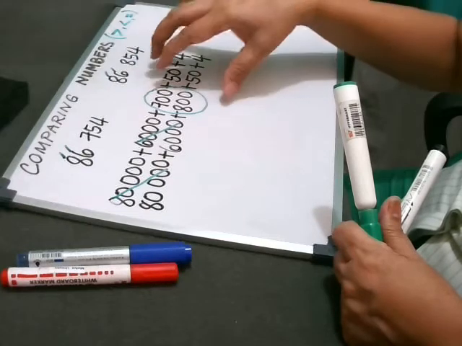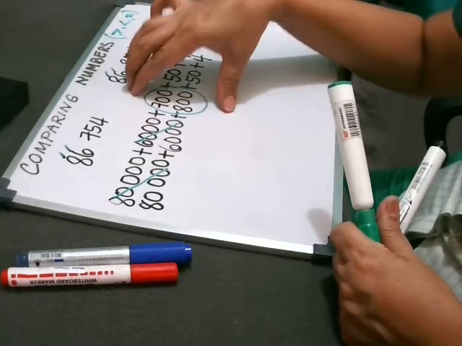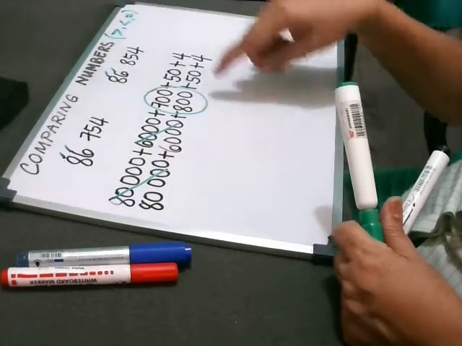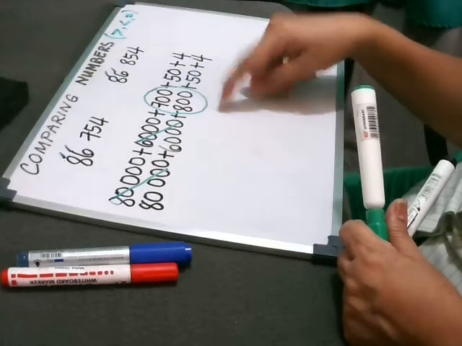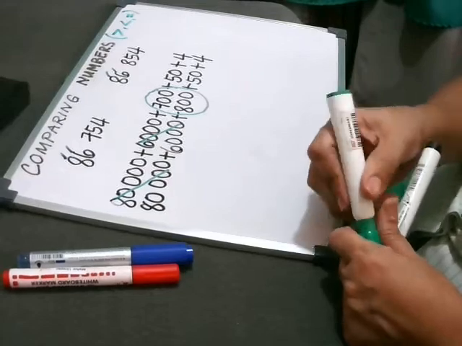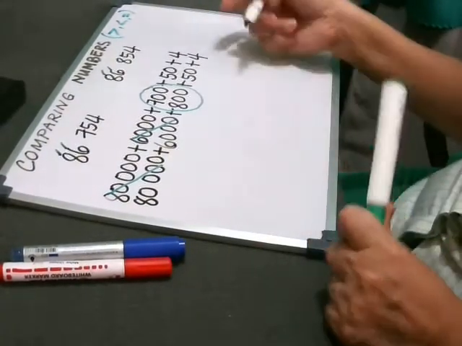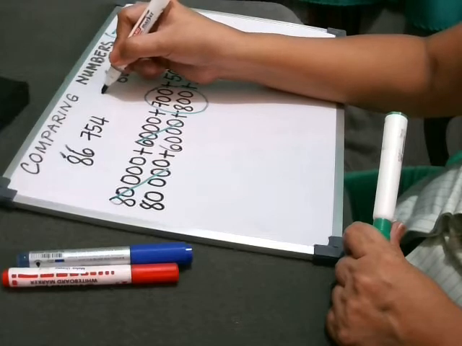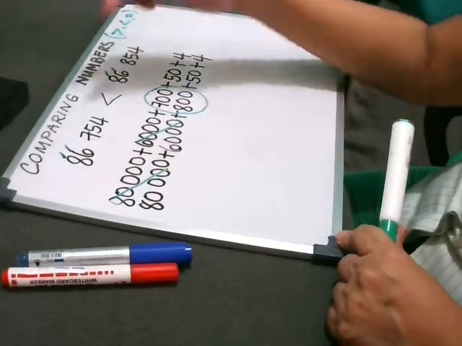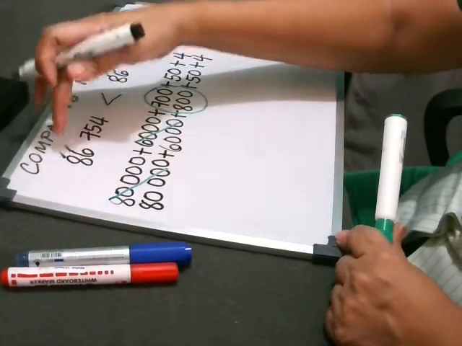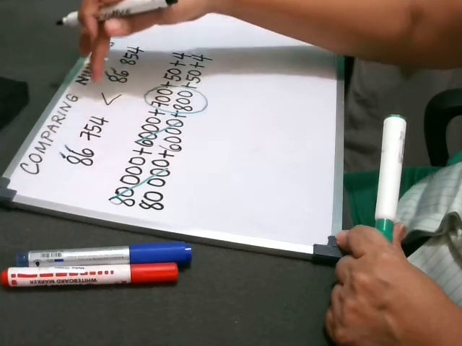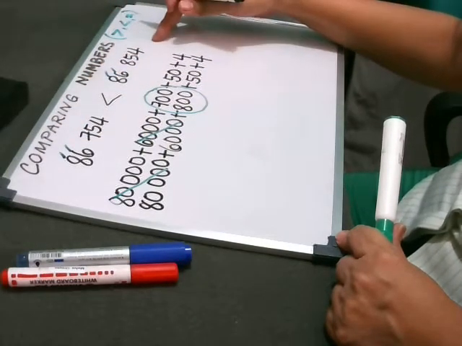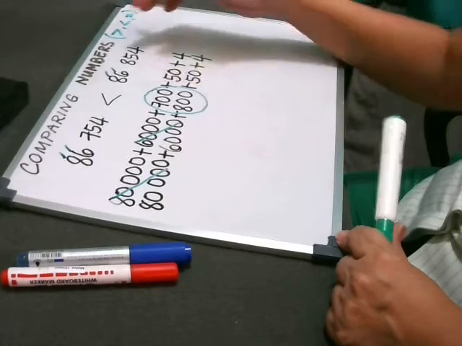When you already see numbers that are different, you can already compare them. So the answer here is lesser than. 86,754 is lesser than 86,854. So that's how we compare numbers.